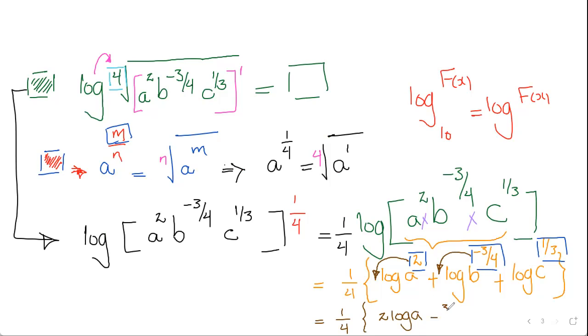I write simply -3/4 of log of b. And the same thing, 1/3 as an exponent falls as 1/3 of log of c. If you have some time, you can multiply 1/4 into the whole expression, but no need to do that. We stop from here.